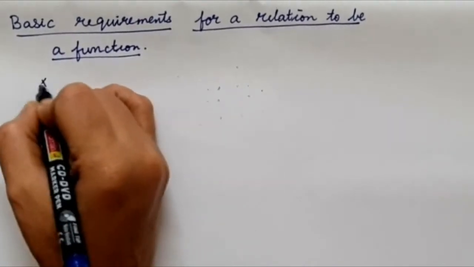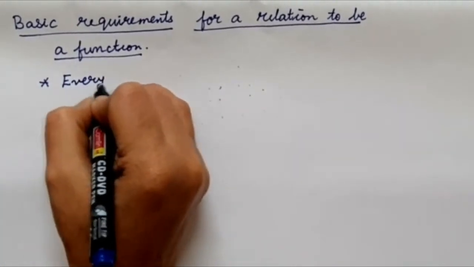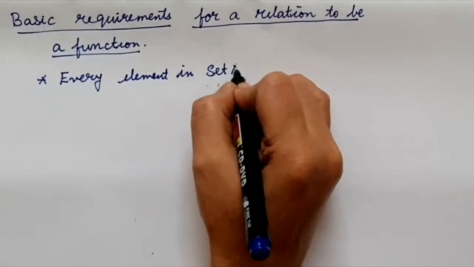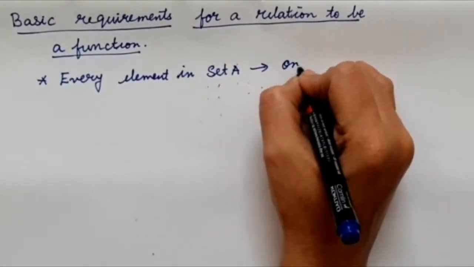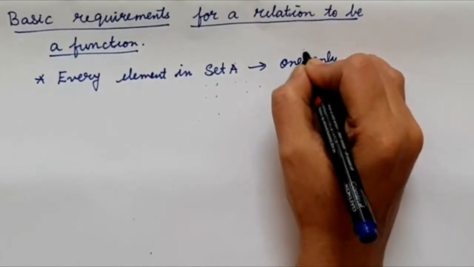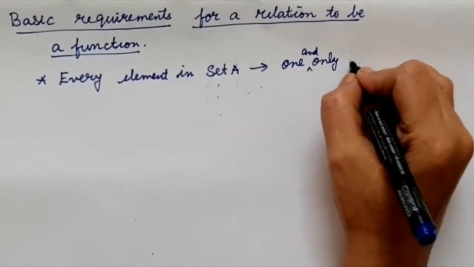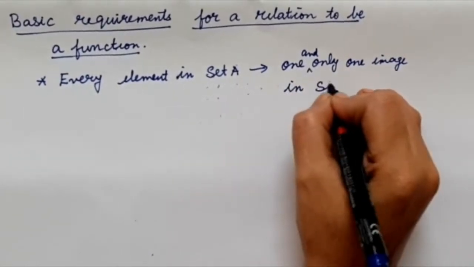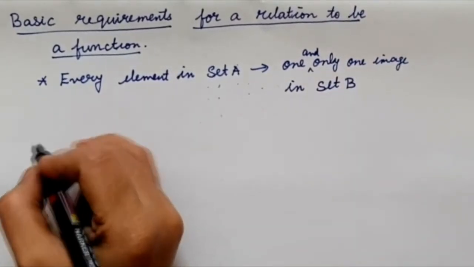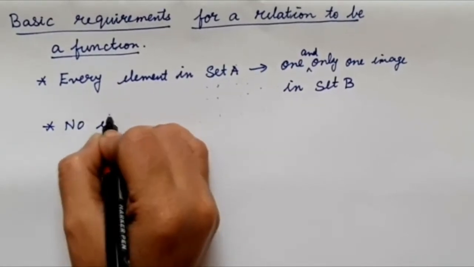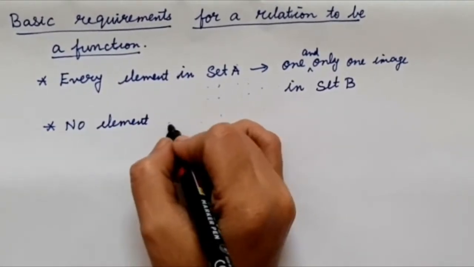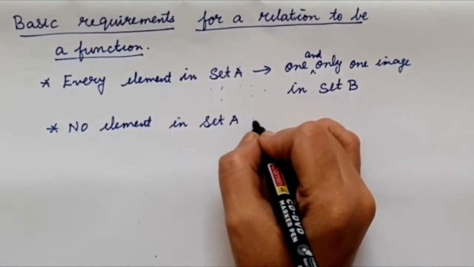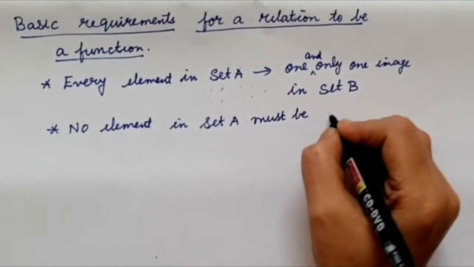First thing is, every element in set A has to have one and only one image in set B. The second thing is, no element in set A must be left out.